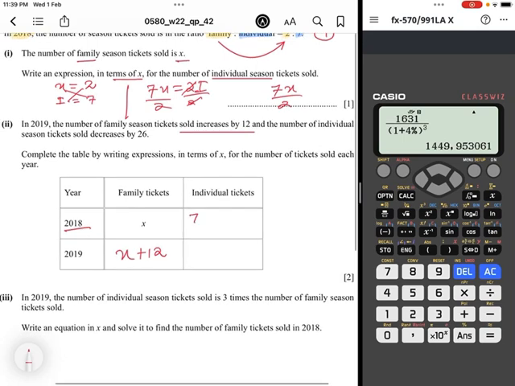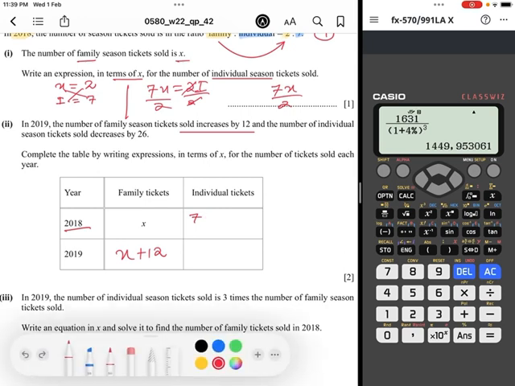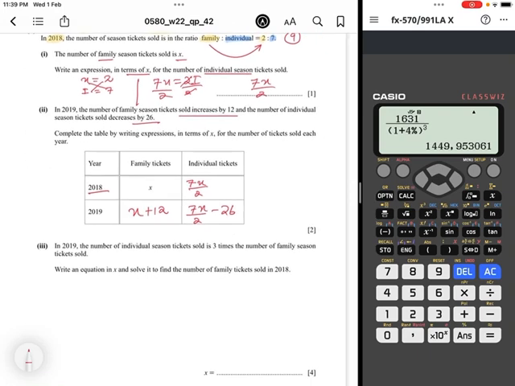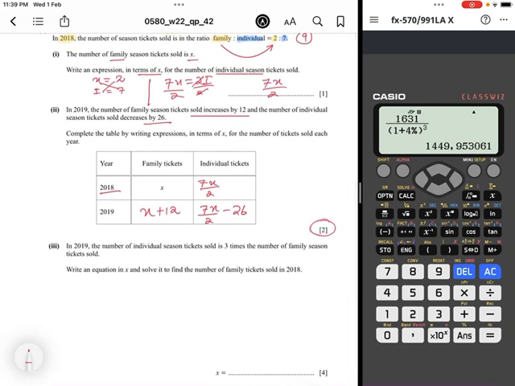Individuals in 2018 were 7x divided by 2, so they decrease by 26. So it is 7x divided by 2 minus 26. That's how you will complete the table for the 2 marks, because the examiner wanted us to complete the table. I saw the table, that is the reason I completed it in the beginning.